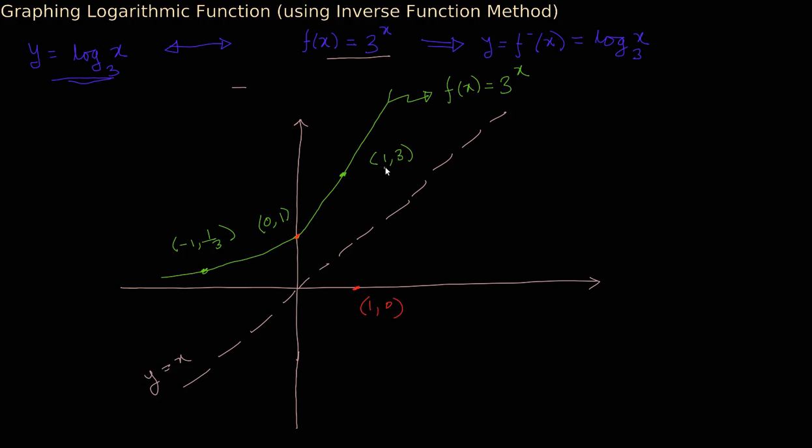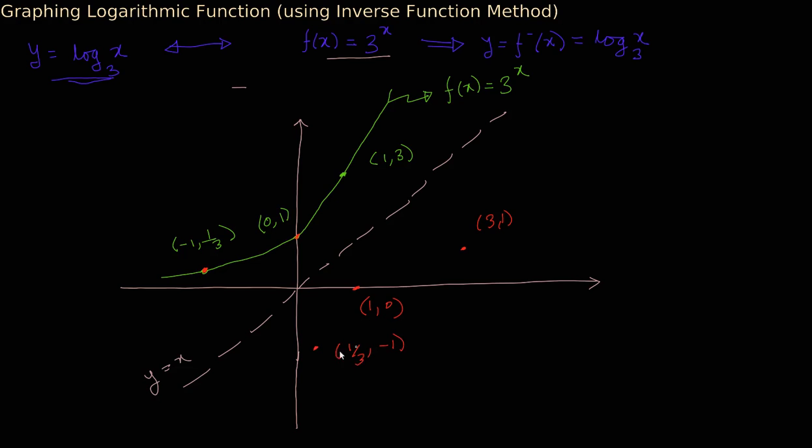Here I have 1, 3. If I flip it, it will be 3, 1. So it will be at the point 3, 1, and here I have -1, 1/3. So it will be 1/3, -1.